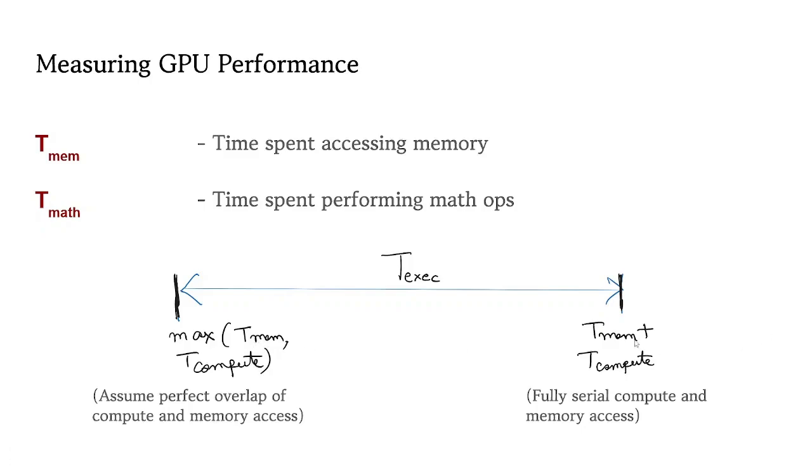On the other hand, if we assume that there is no overlap between memory operations and compute operations, then our execution time would be the sum of these two quantities. And typically, when working with the GPU, we are somewhere nearer the first regime as compared to the second. So we do have a significant amount of overlap between memory and compute.